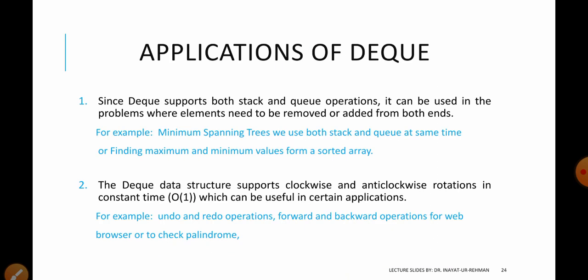Now we discuss the application of the double-ended queue. As it is the combination of stack and queue, we have all the operations of stack and queue there in the DQ.